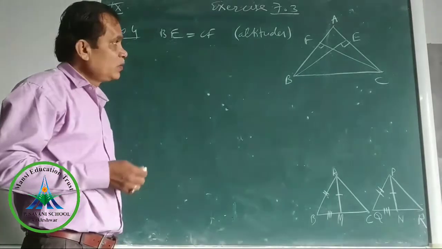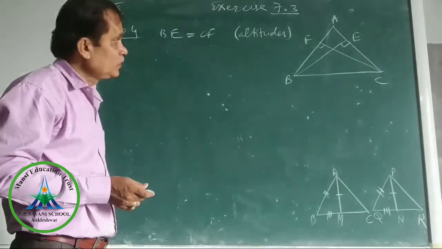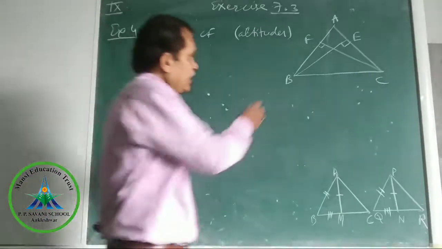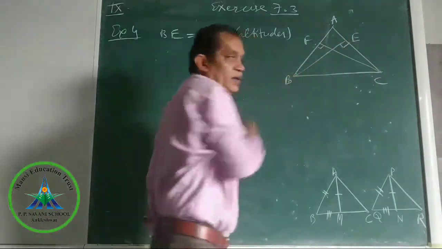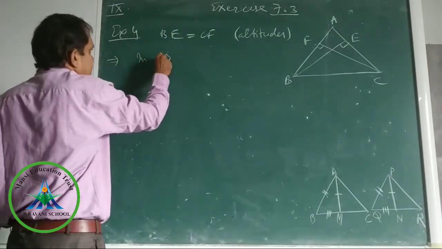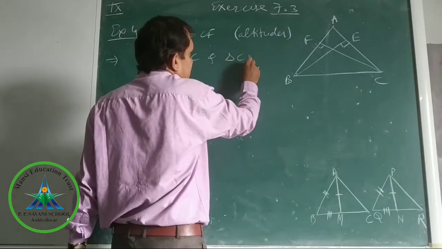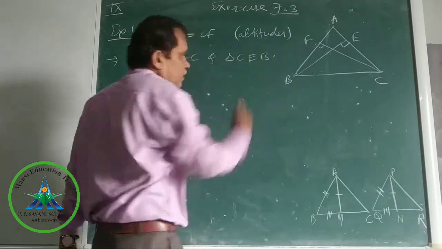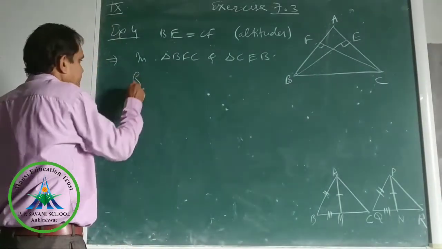So now, just try to take two triangles. Take triangle BFC and triangle CEB. Use RHS.